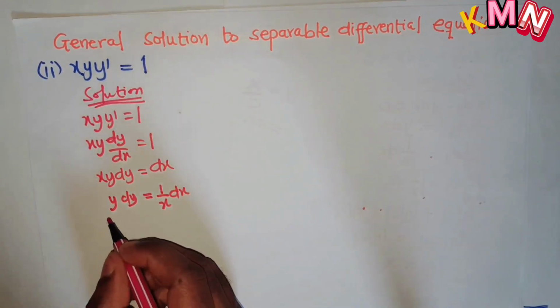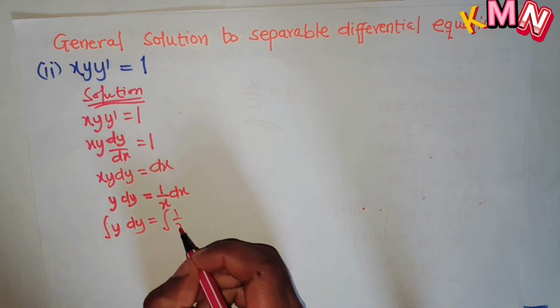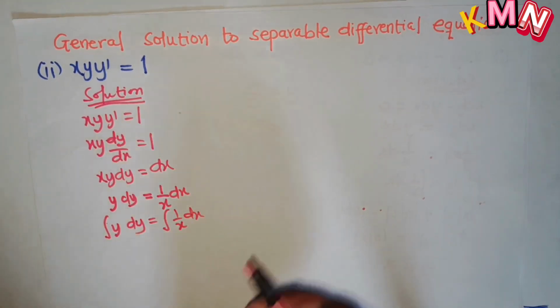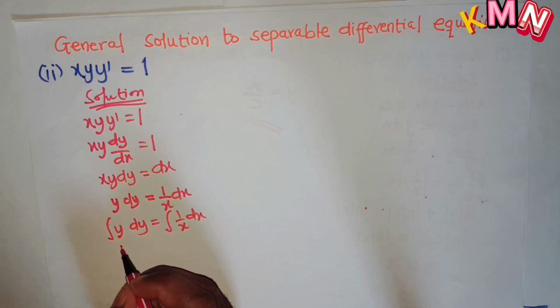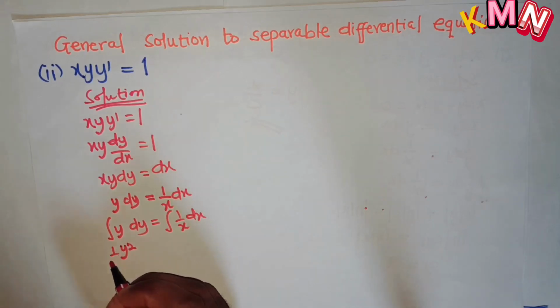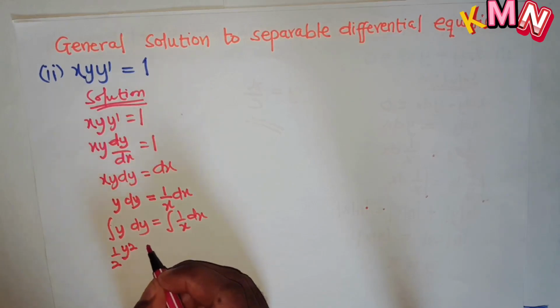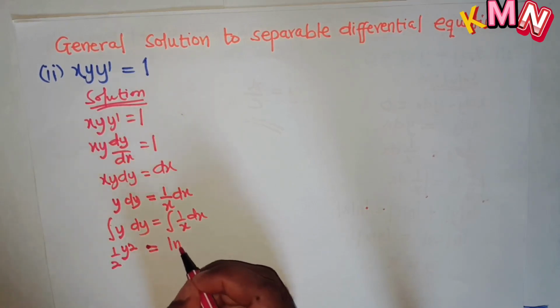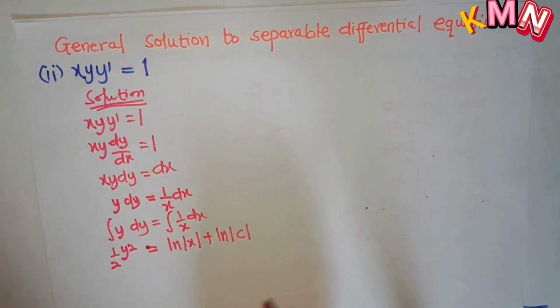Let's integrate both sides. Our integral of y dy is y squared over 2, half the square, equals ln of x plus ln c.